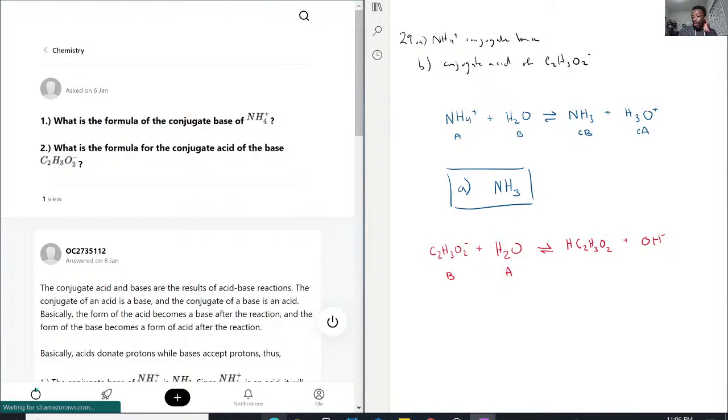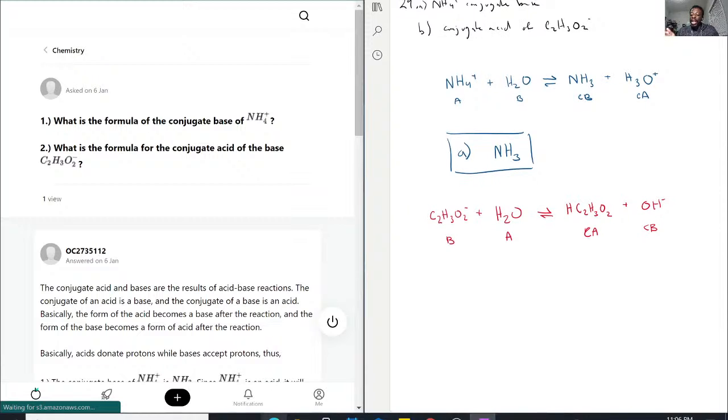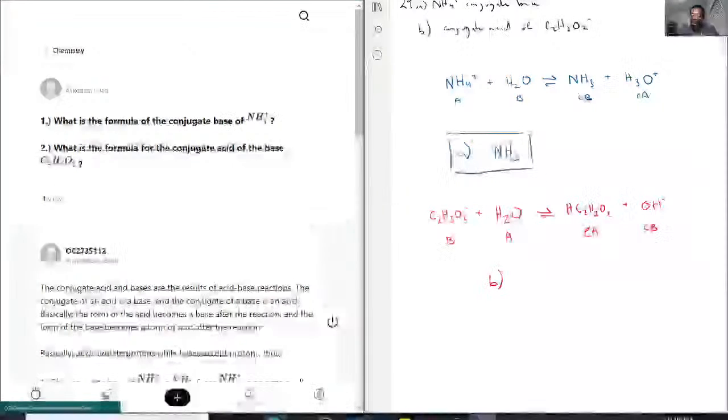As you can see, the minus has just gone somewhere else, just like in the first question, the positive went somewhere else. So this would be the conjugate acid, and this would be the conjugate base. And because they asked for the conjugate acid for B, we can say that yes, the conjugate acid is HC2H3O2.